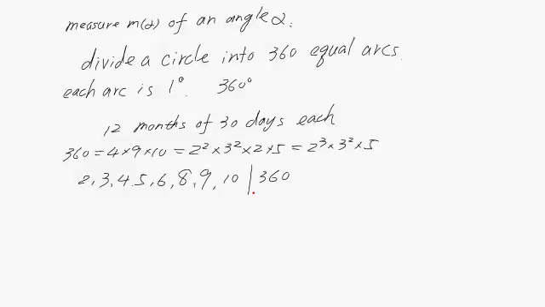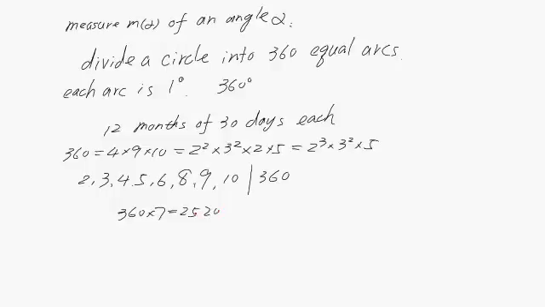So it's very natural to find the least common multiple of the first 10 natural numbers. But if you want the least common multiple of the first 10 natural numbers, you would have 360 times 7, which is equal to 2520, which is too big.